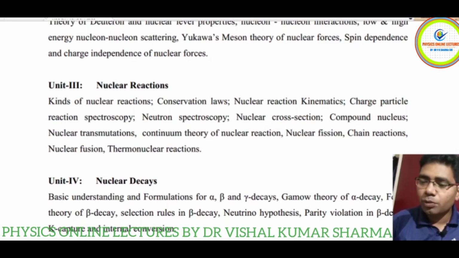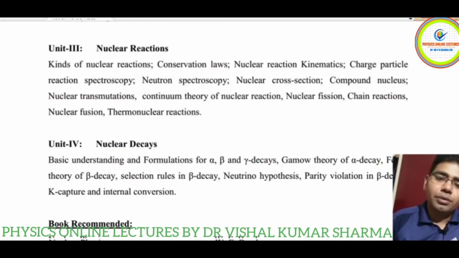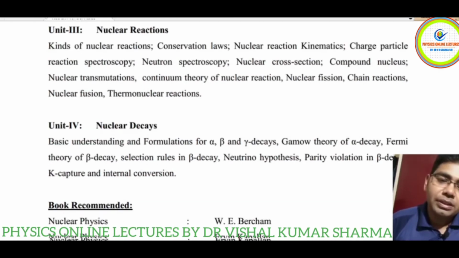Now we move to Unit 4, which is nuclear decays. Alpha, beta and gamma decay will be discussed, along with their corresponding theories, such as the theory of alpha decay. For beta decay we will discuss the Fermi theory, and we have certain selection rules as well.